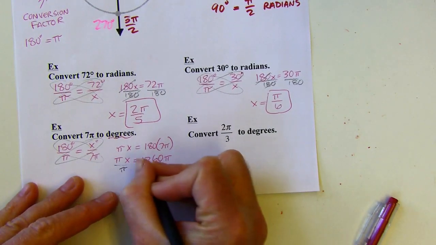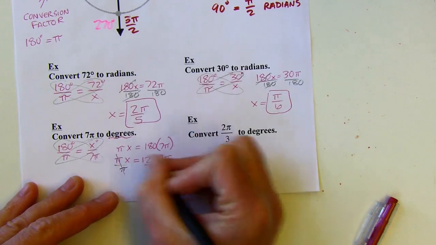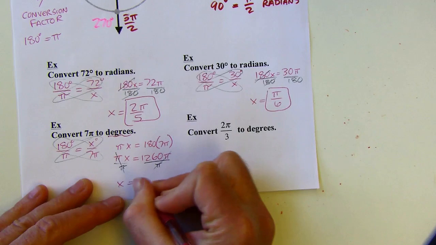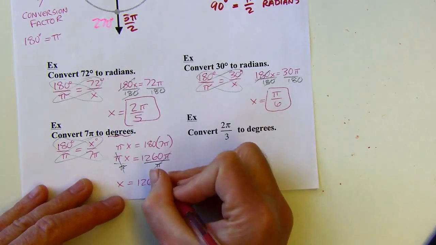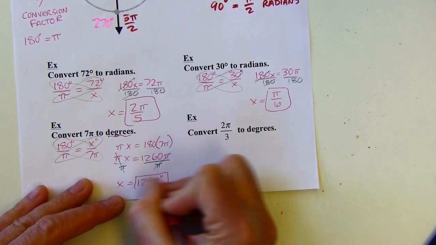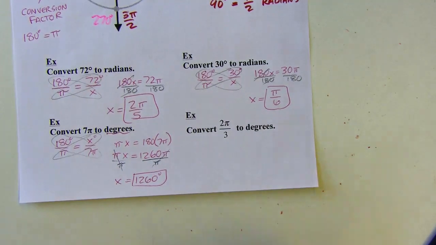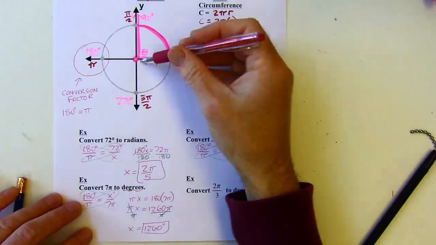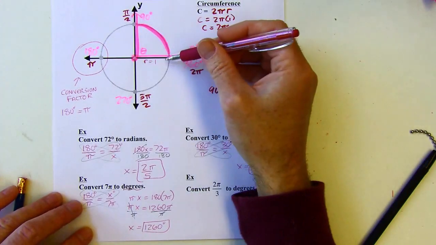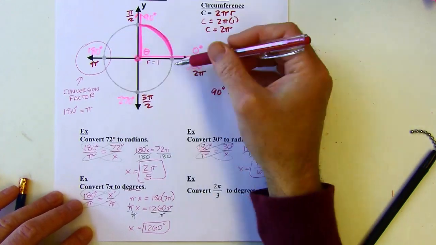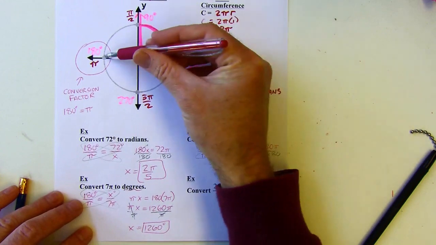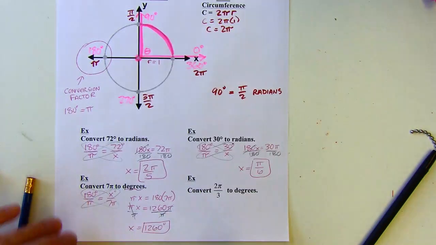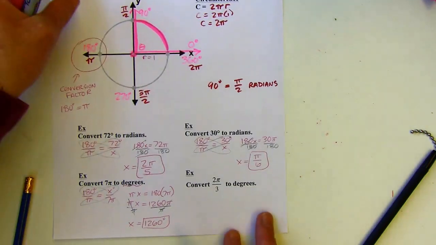This is going to work out nicely because when I divide both sides by pi, those are just gone. So then I've just got 1260, and remember my final answer is degrees, so get that degree symbol in there. It kind of makes sense if you think about it: if 2 pi is once around, going around 3 times would get you to 6 pi, and so 7 pi is 3.5 times really, right? So 1260 would be 3.5 spins.